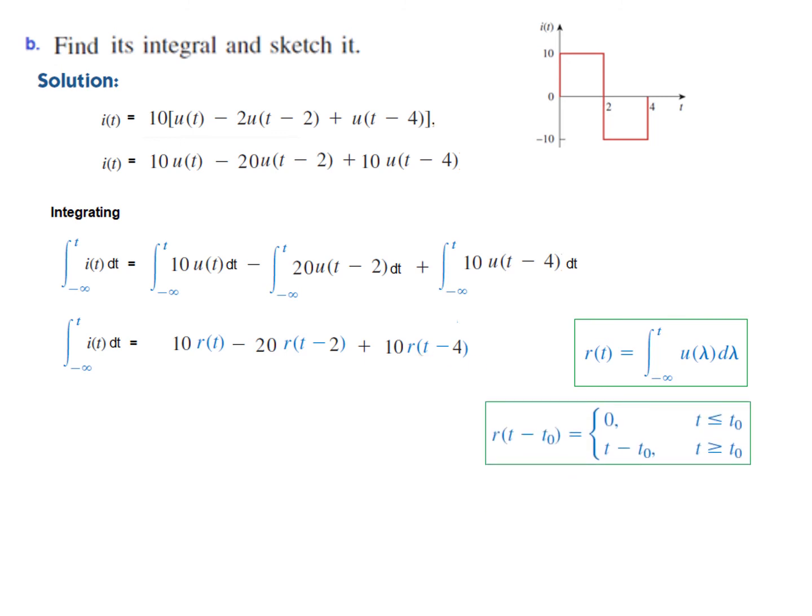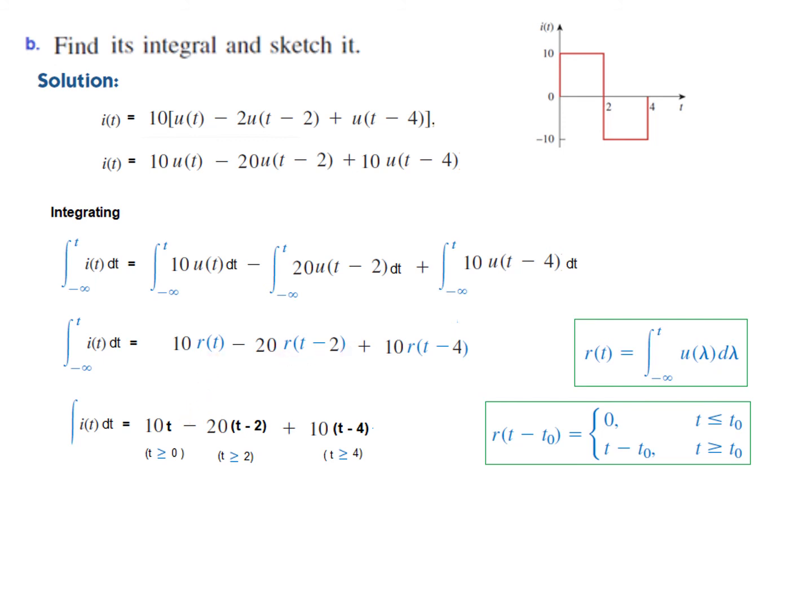We'll apply another formula for shifting: if r(t) is shifted by t0, then its value will be t minus t0. If it is not shifted, then r(t) will be equal to t. So in the first case there is no shifting, so r(t) will become t.